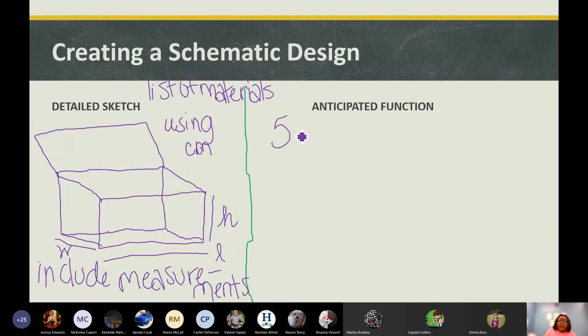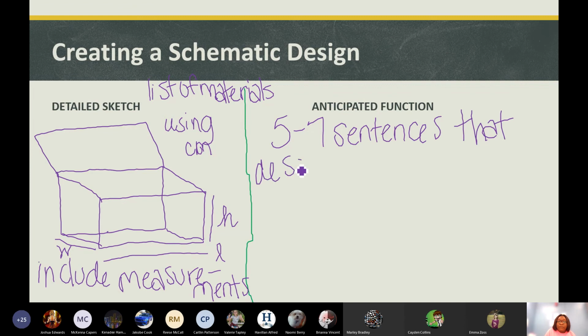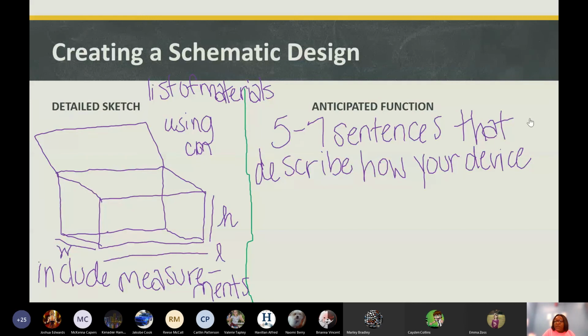So this is where you're going to include 5 to 7 sentences that describe how your solar cooker uses conduction, convection, and radiation.